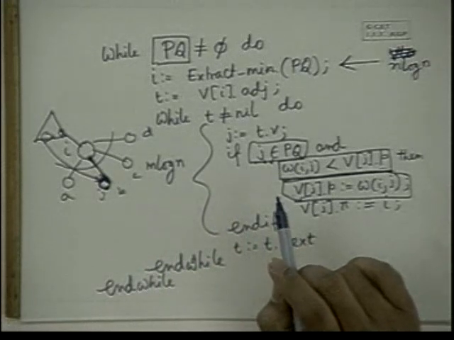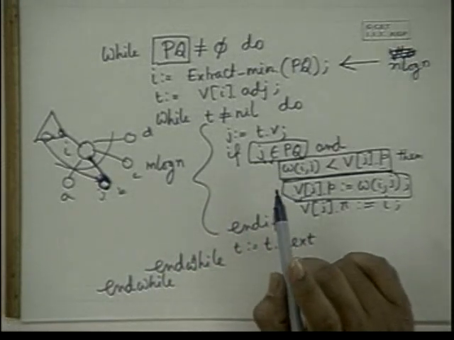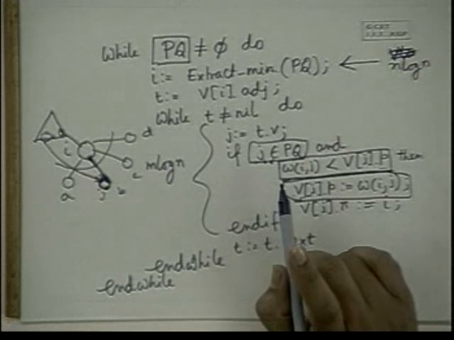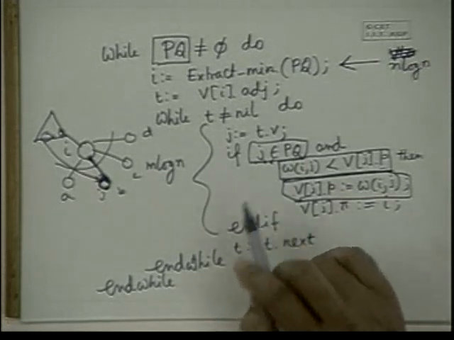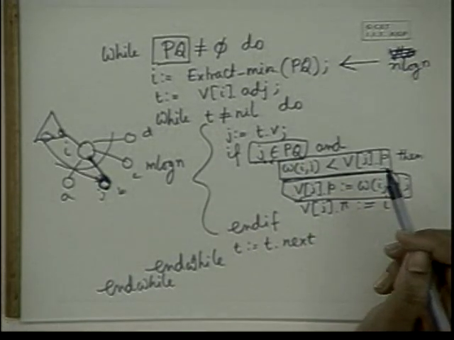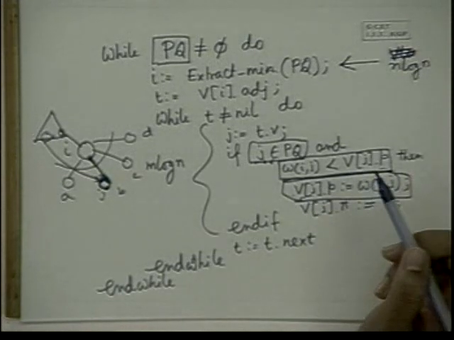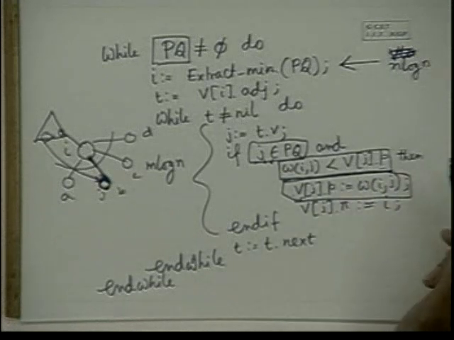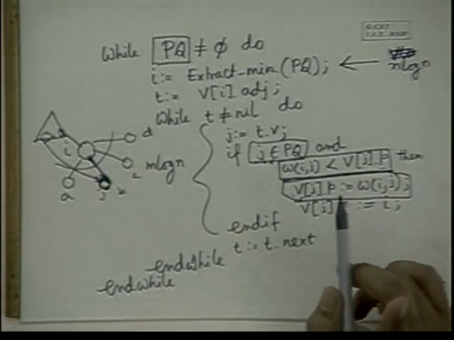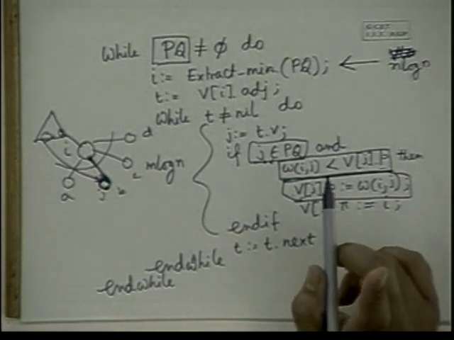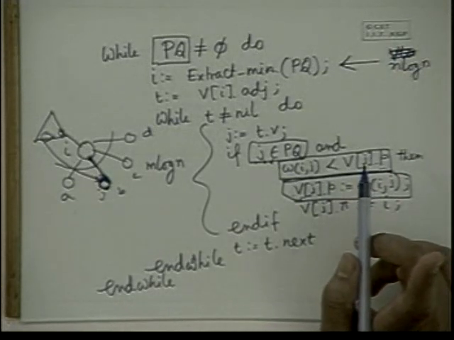Remember, in a Fibonacci heap, n extract min will take n log n. That is the amortized time: extract min is log n and total will be n log n.